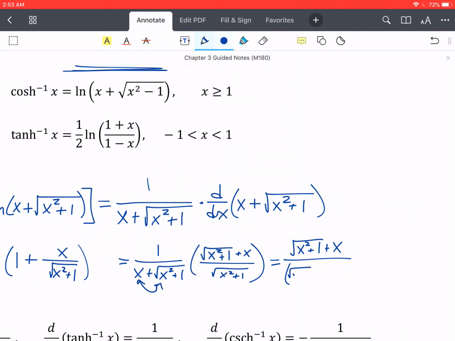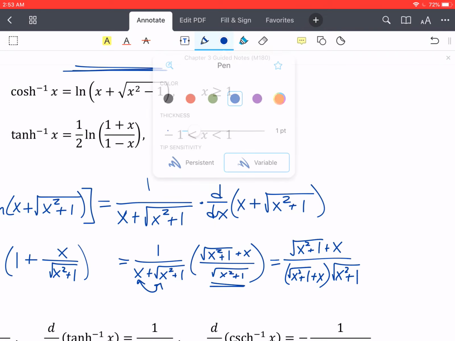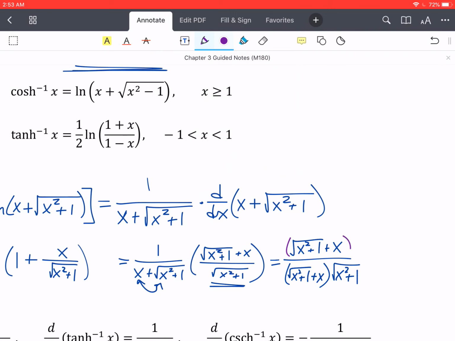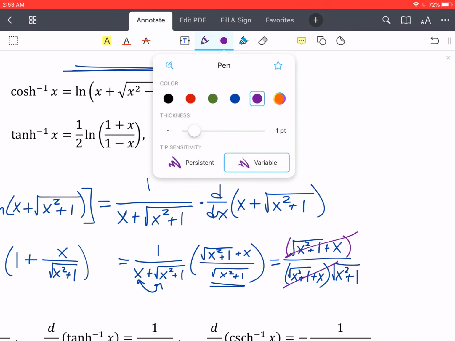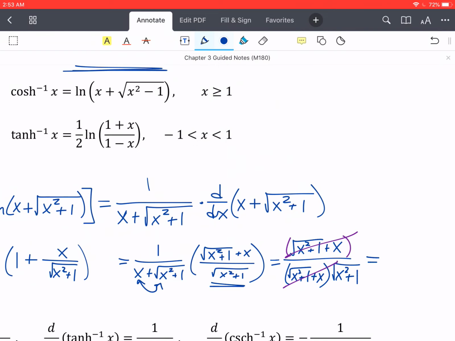It's just addition, it doesn't matter. Square root of x squared plus 1 plus x times this one, so times square root of x squared plus 1. And now look at what we have. We have this whole thing as one object cancels with that whole thing. So all we're left with is 1 over the square root of x squared plus 1.